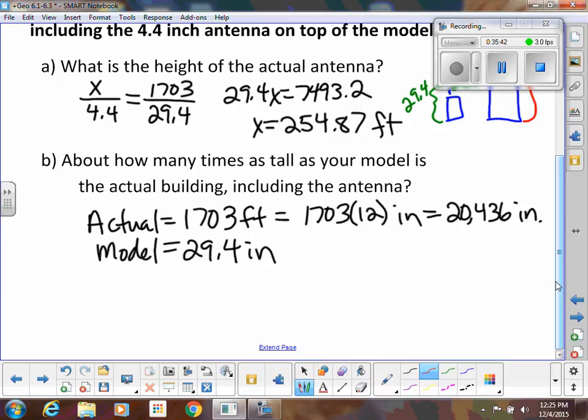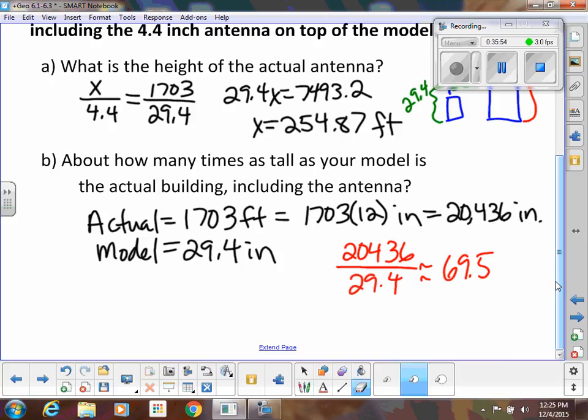So if I want to get our ratio, how many times as big, then we're just dividing. This divided by the model size. And that comes out to be 695.1. So it's about, so roughly 695 times as tall.